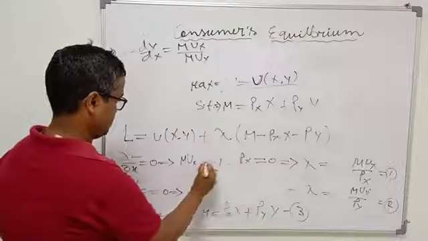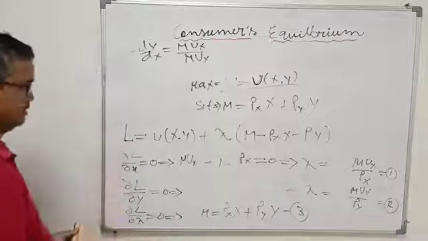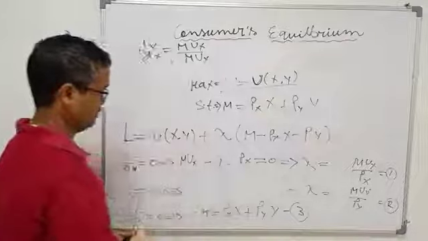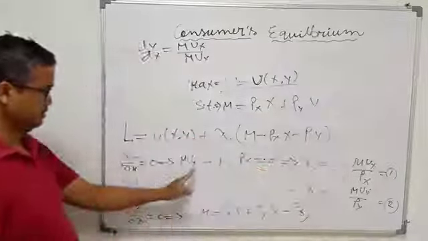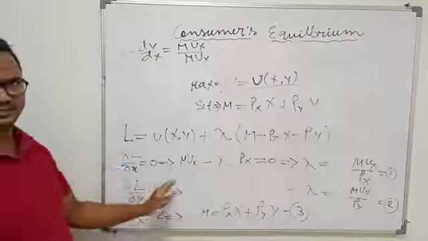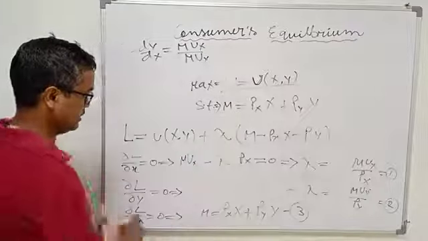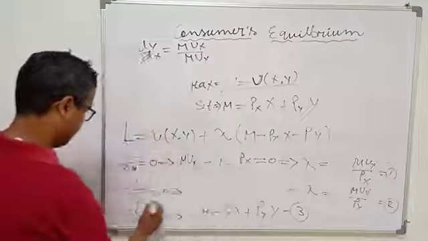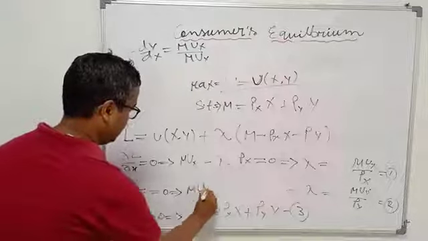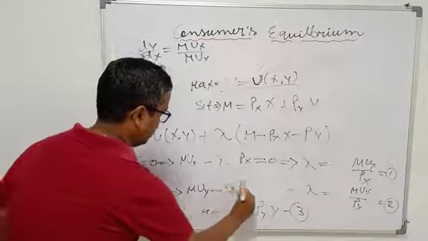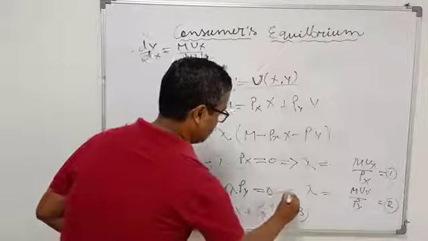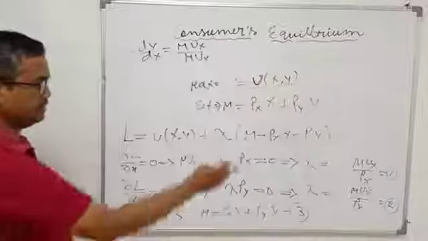Some calculation mistakes are there, so there won't be any minus. I committed some mistakes, now I corrected. This is the correct form. In case of y, you will get marginal utility of y minus lambda py equals 0. Then if you go for lambda, you will get that one.